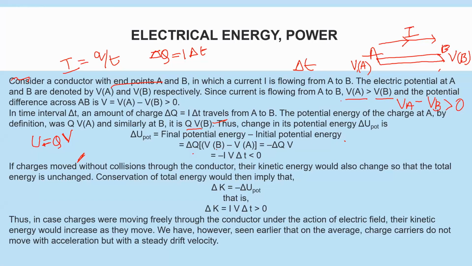We saw that VA minus VB is equal to V. Since we have changed the position of VB and VA, we put the minus sign. So the change in the potential energy due to the transfer of charges from A to B, as the current is flowing from A to B, is going to be minus del Q times V.